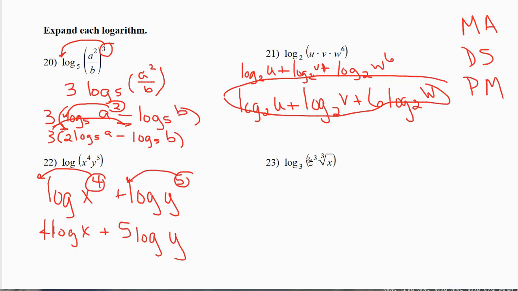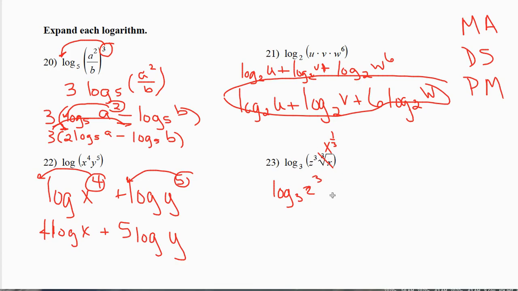Let's change this to a fraction exponent before we get any further. Instead of saying it's the 3rd root, this is going to be x to the 1/3. It's going to make our life way easier. So this becomes log base 3 of z to the 3rd.